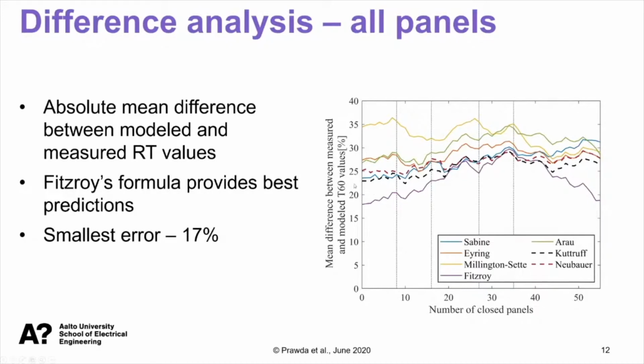The worst predictions, or the biggest error, was given by Millington-Sette's formula most of the time, and when the absorption decreased, Arrow's formula gave a bit worse results.